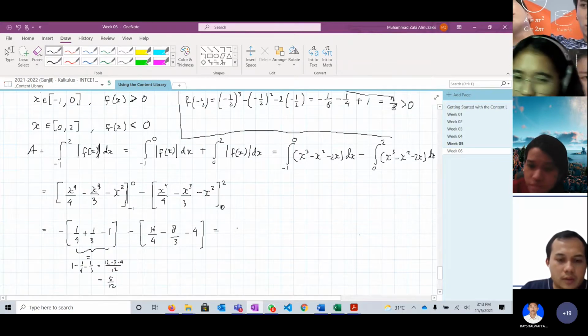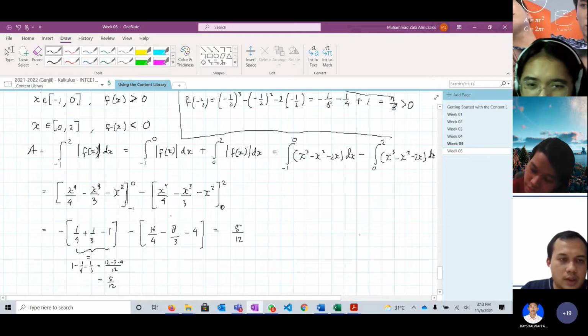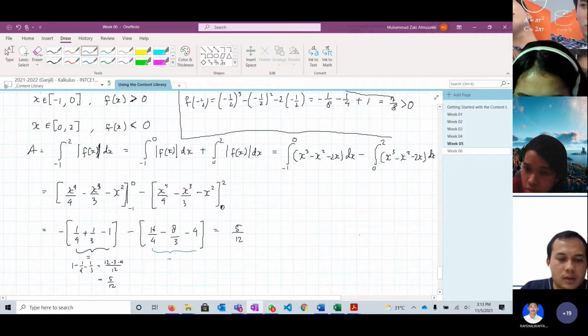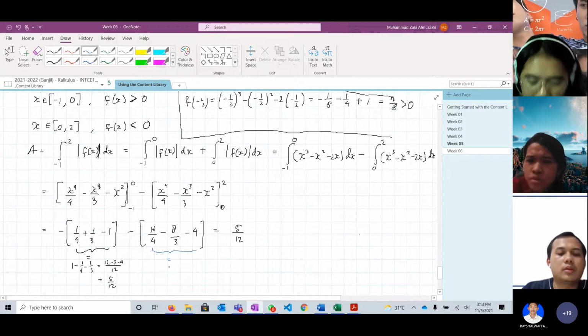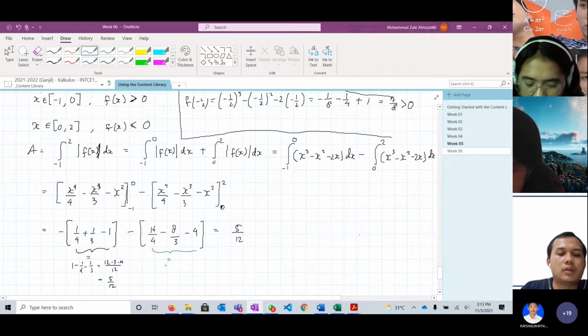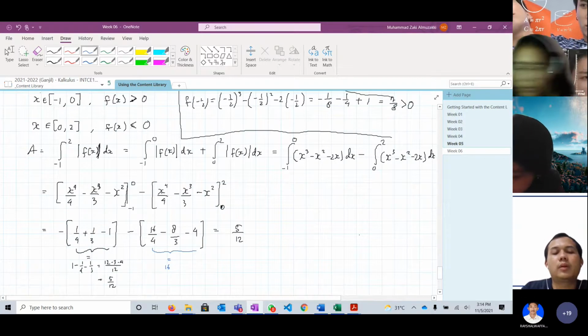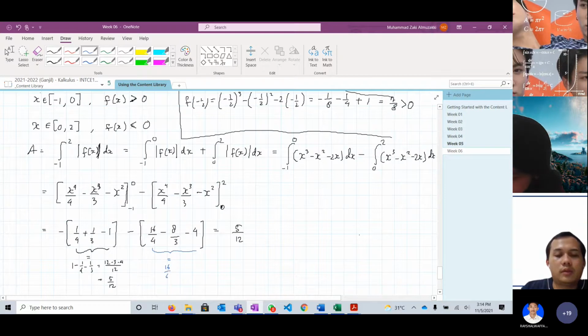So here we have 5/12, and for the next one, 2 power 4 is 16/4, minus 2 power 3 is 8/3, minus 2 squared, so minus 4.